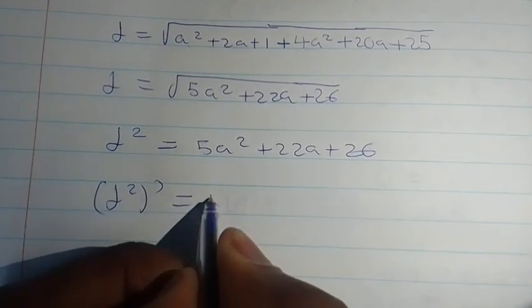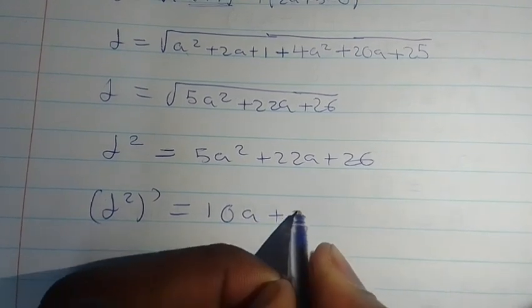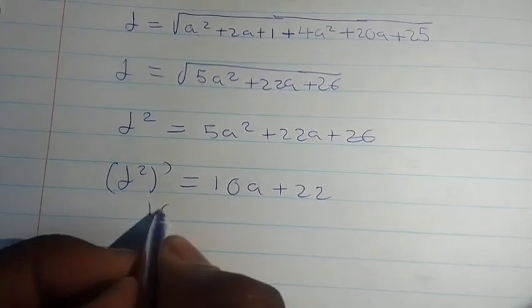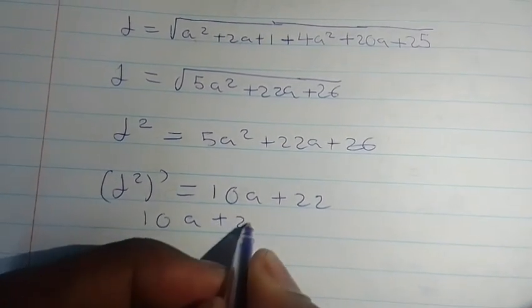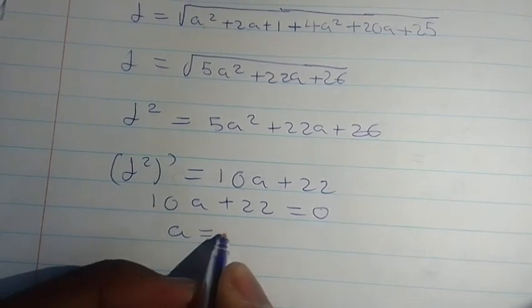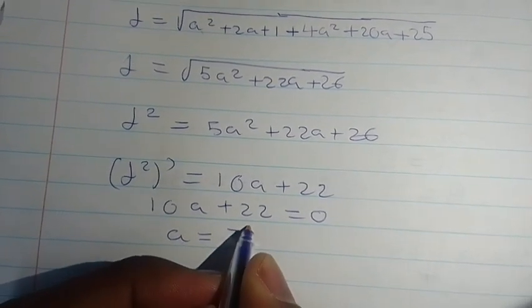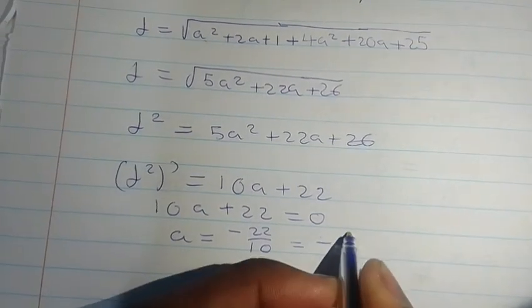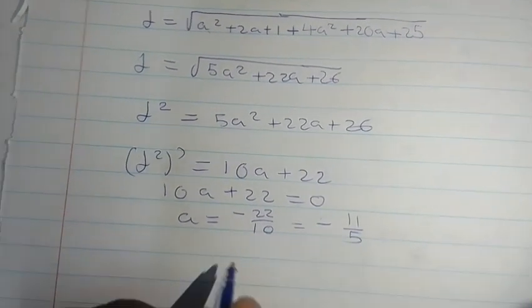We derive that, so we'll have 10a plus 22. Setting the derivative to 0, that means 10a plus 22 equals 0. Then a is equal to minus 22 over 10. If you simplify, it's minus 11 over 5.